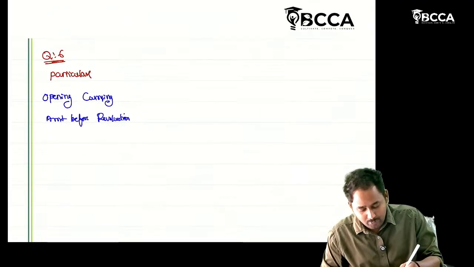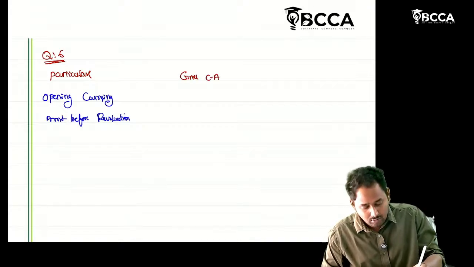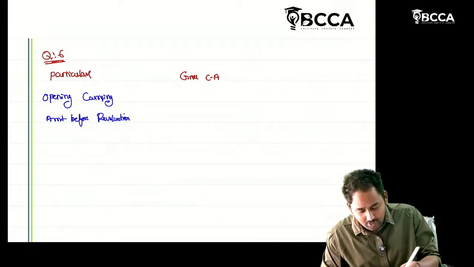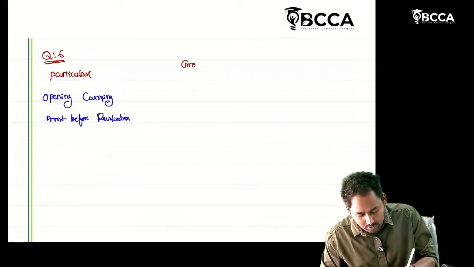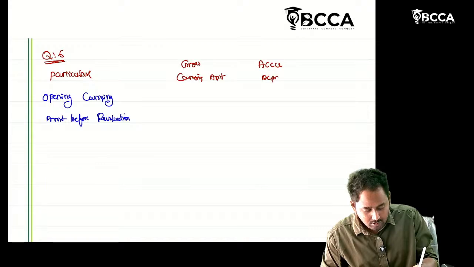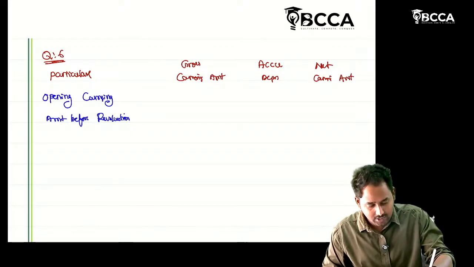After that I need to provide the gross carrying amount, then the accumulated depreciation, and then I get the net carrying amount. So let's see the calculation.